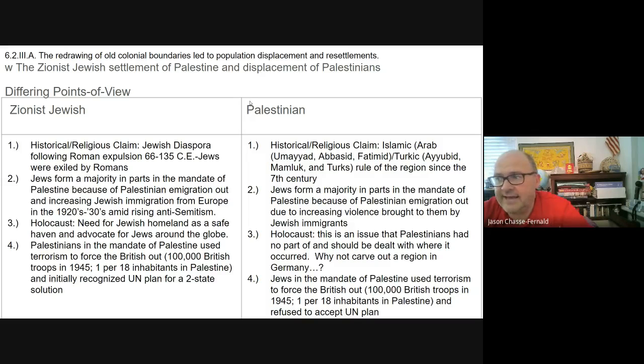So the rightly guided caliphs, and then running through the Umayyad Caliphate and the Abbasid, and then the Fatimid, out of Egypt, and then different Turkic groups such as the Ayyubid, remember Saladin, in the middle of the Crusades, and then the Mamluks.